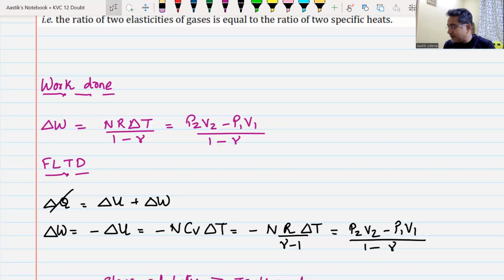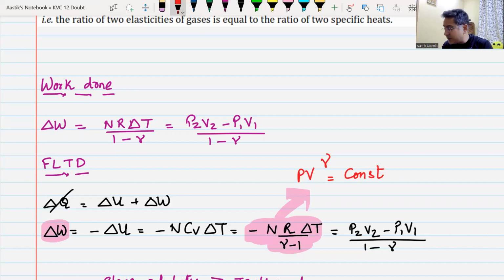Now, once we had done this adiabatic process, we had found out the work done in this adiabatic process, and the work done was given by this formula, negative of nR delta T upon gamma minus 1. This adiabatic process was also written in this form, PV raised to the power gamma is equal to constant.